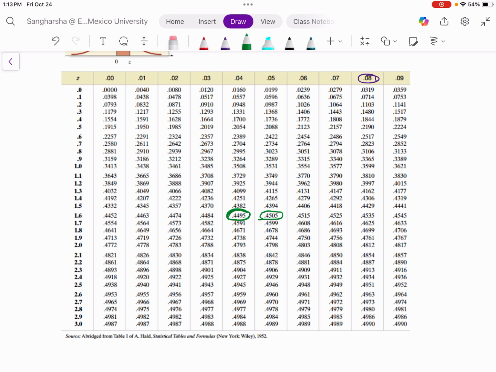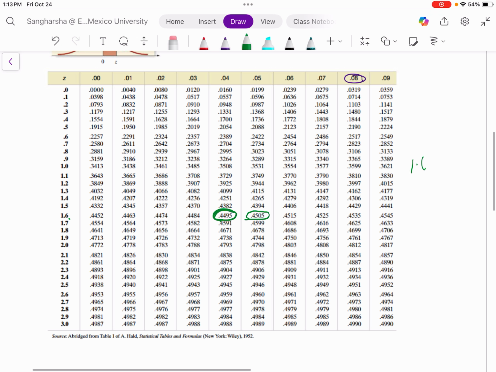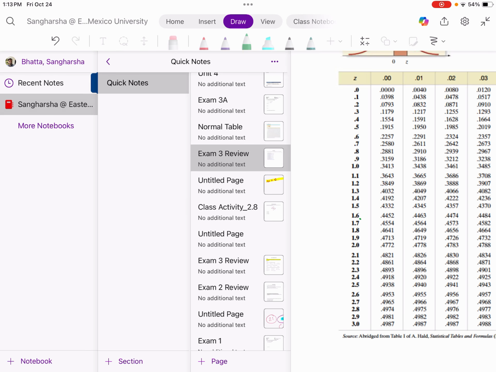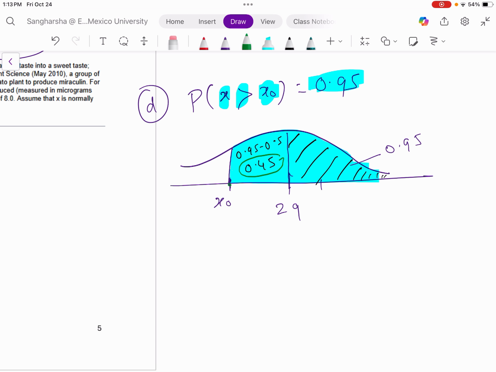The g for this number is 1.64. The g for this number is 1.65. We take the average, we add these two and divide by 2. So that is 1.64 plus 1.65 divided by 2. We get 1.645. So 1.645 is the g for this point.